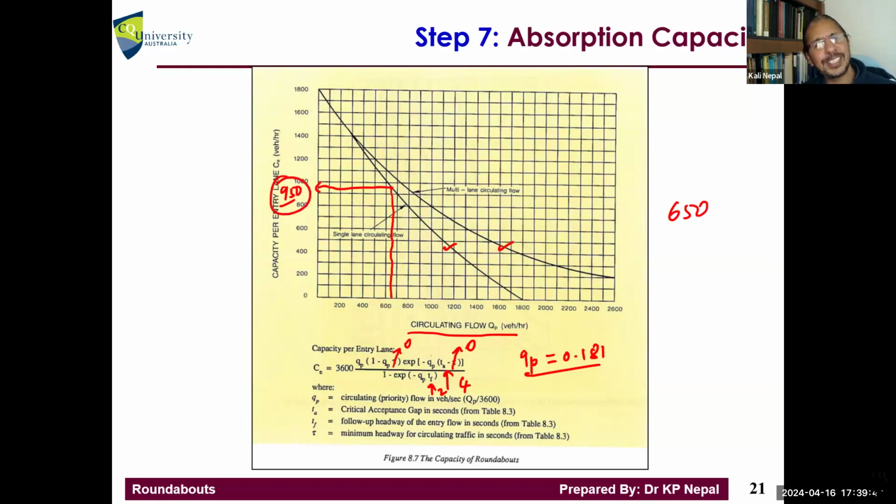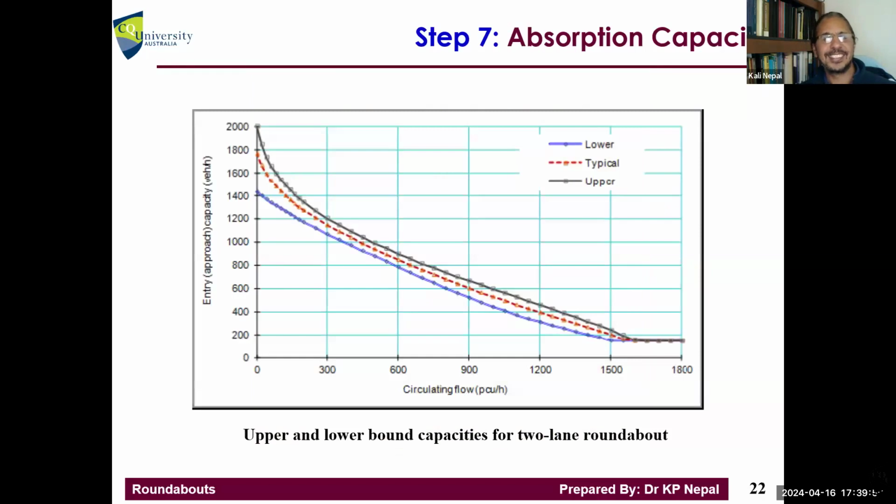Please use this equation to calculate capacity of the roundabout. When tau is 0, this equation is the same as what we used before. You can press calculators later on. Let's move on. So now, absorption capacity, this is from Sidra.